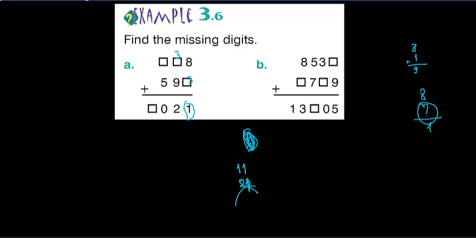Why 2? Because 9 plus 2 is equal to 11, and from the previous addition, 8 plus 3 is equal to 11, and we have 1 here. 1 plus 2 plus 9 is equal to 12. It's going to be 2 here. Then we are going to continue with this one.